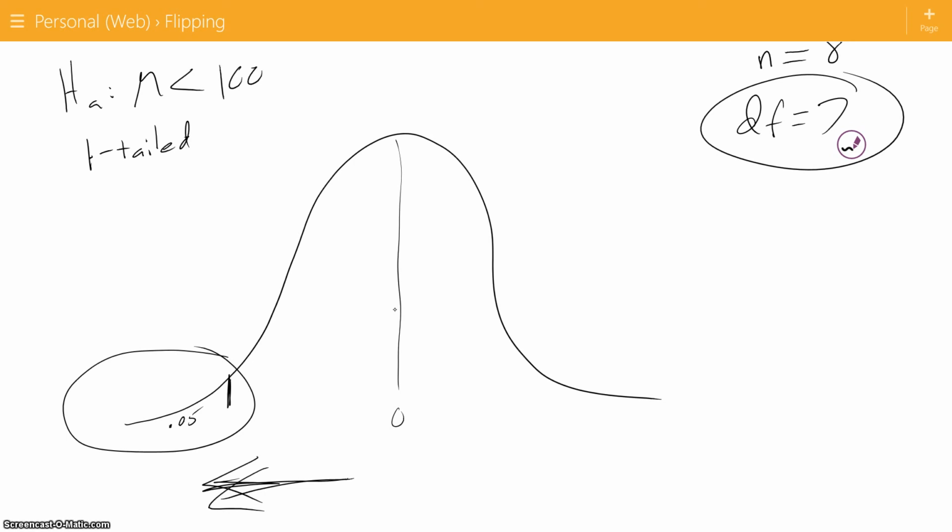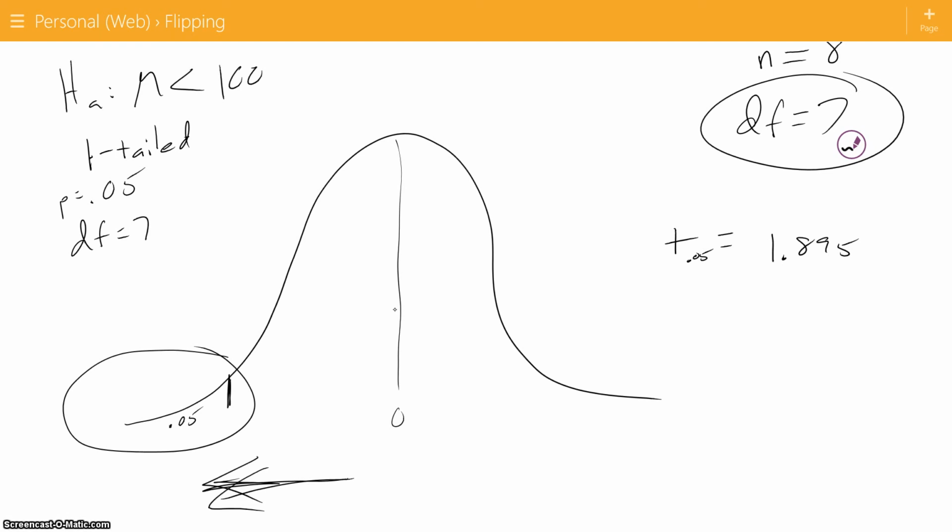If I want a one-tailed probability of 0.05, and I'm still looking for my degrees of freedom of 7, I can cross those two, and I should get a value of where t is 0.05. The chart just tells me that it is at 1.895.